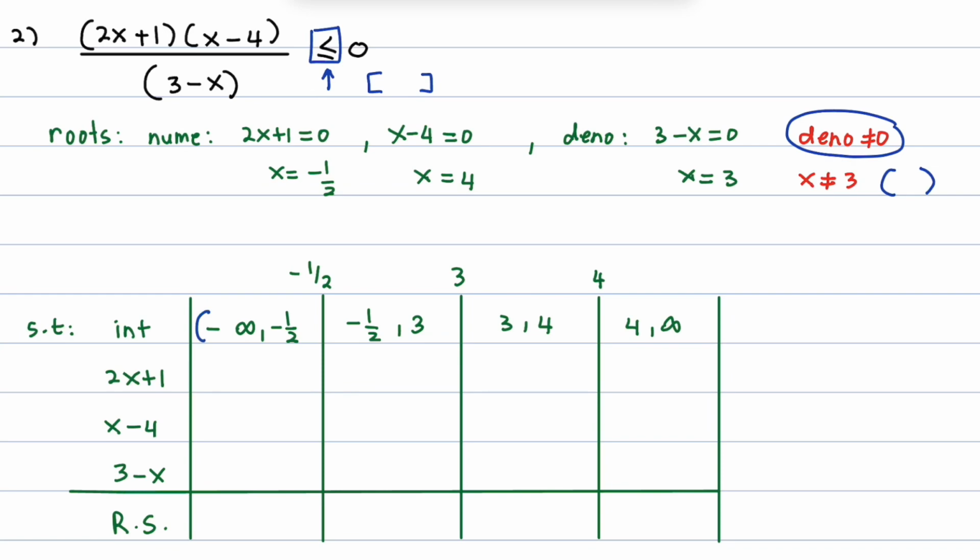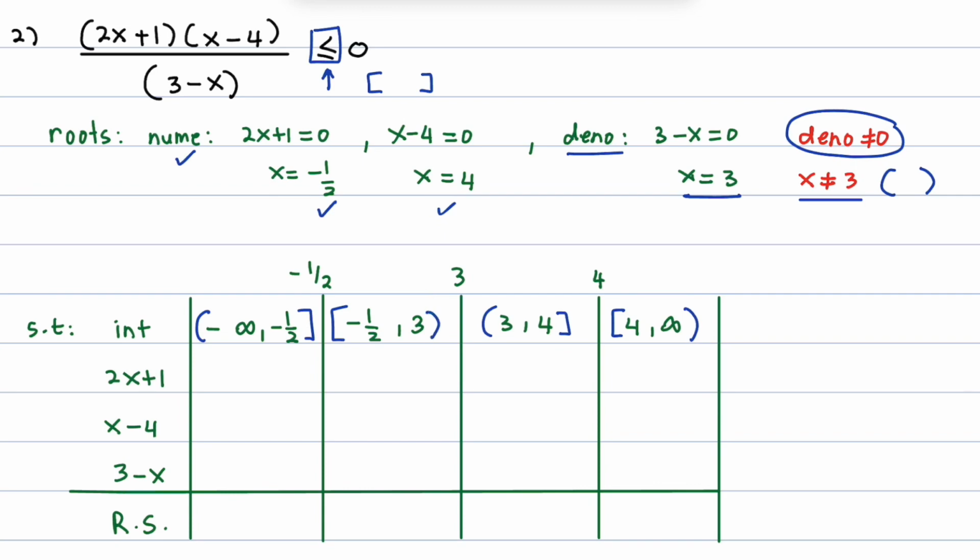Now negative half is at the numerator factor, which is 0, so you have closed. How about the 3? Because it is at the denominator, x cannot be equal to 3, so this one must be an open bracket. The 4 is going to be closed because it's at the numerator, and infinity will be open. Okay, so that settles the brackets.